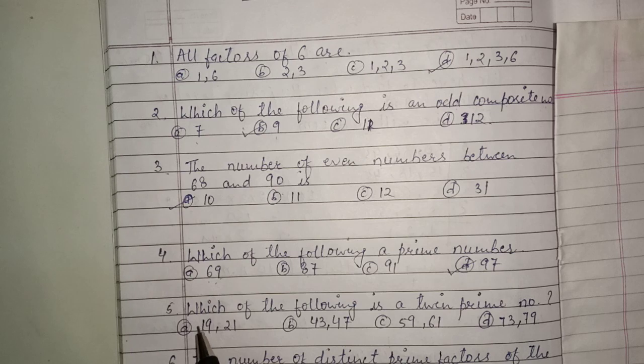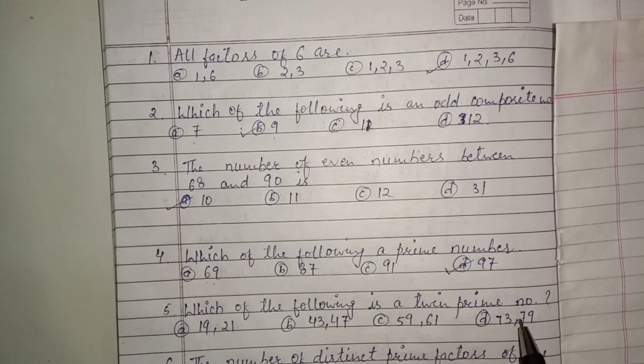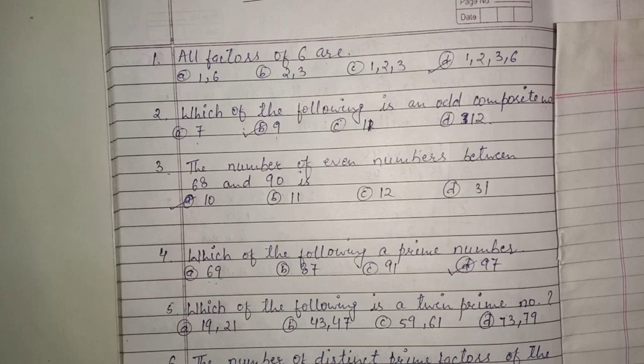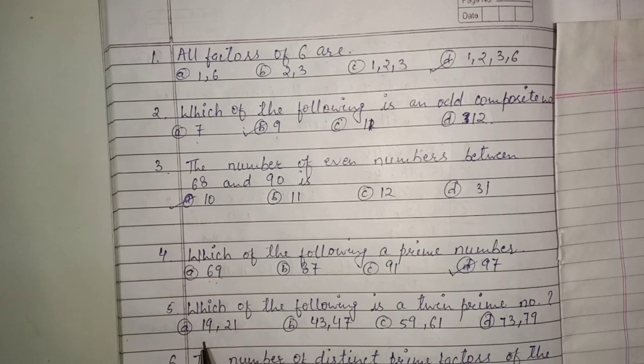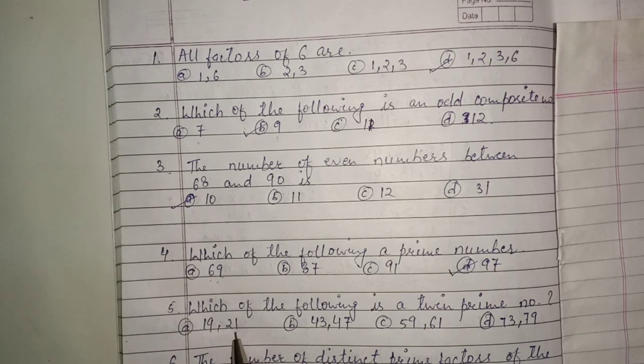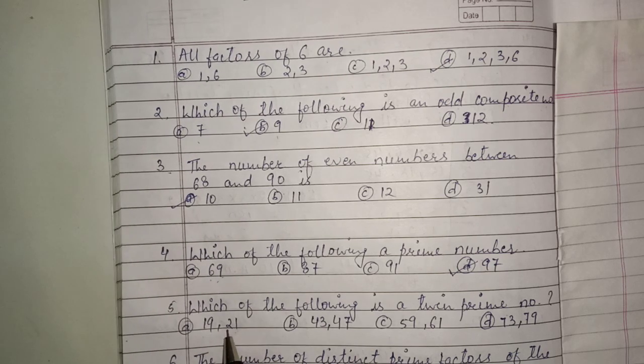Next one, which of the following is a twin prime number? Twin prime numbers are two prime numbers whose difference is 2. So we can check here 19 and 21. Here 19 is a prime number but 21 is not a prime number. So this one is not a twin prime pair.